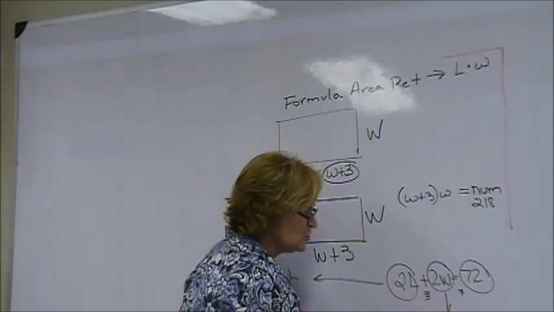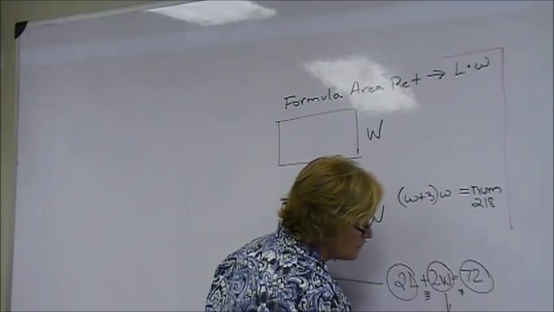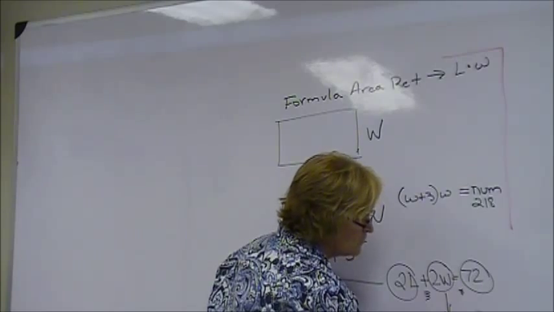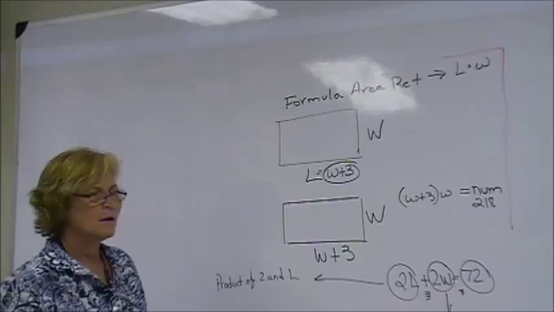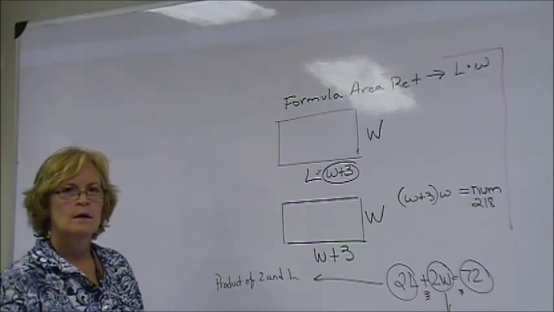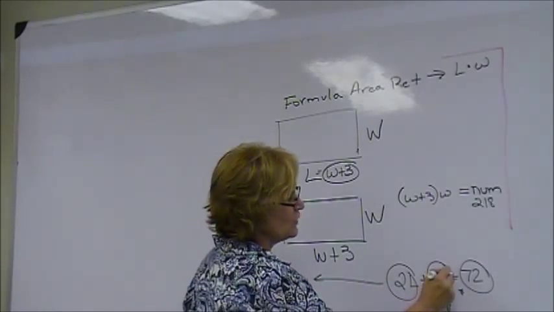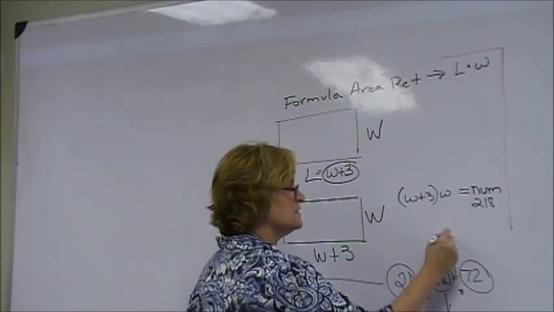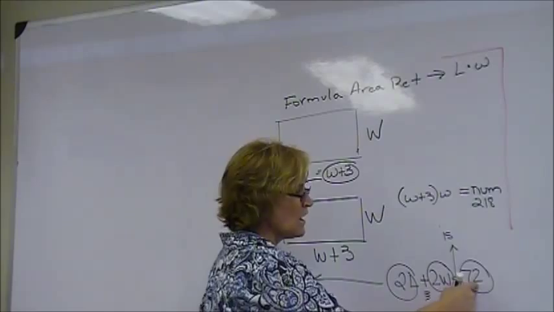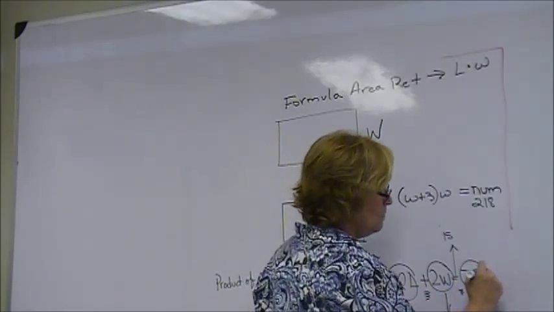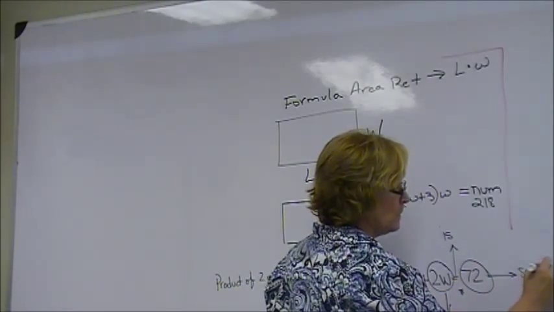Well, this situation is the product of 2 and W. And then what is this transition here? That is an is. And then this guy right here is just a number, and it would be 72.